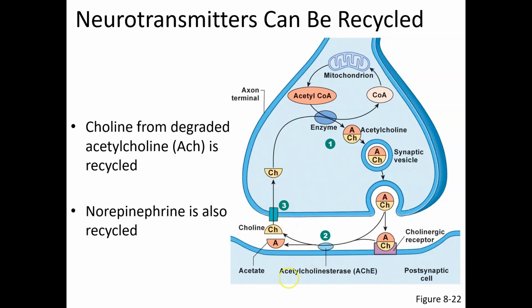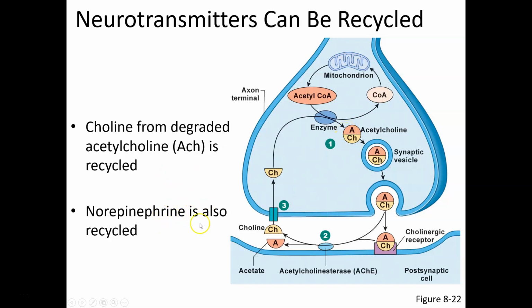But the choline is much less common, and so what we want to do with the choline right here is actively reuptake the choline, transport it back to where we can make it, and then use an enzyme to make acetylcholine again from the acetyl coenzyme A we can get from mitochondrial activity, as we saw in metabolism. So that's one way to do it.